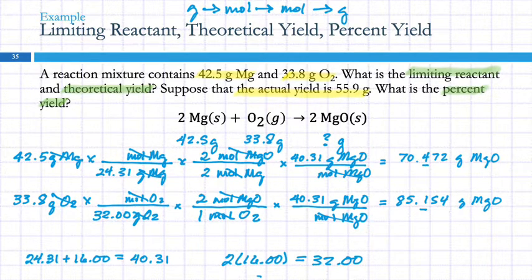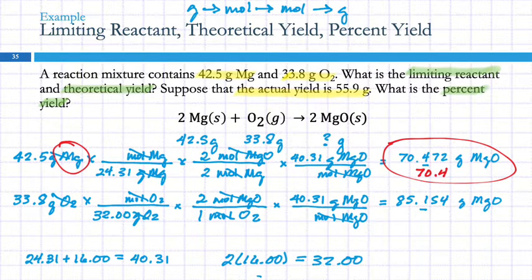Yeah, we ran out of magnesium. So this is the smaller one. And so answering the question, what is the theoretical yield? It would be 70.5 grams.